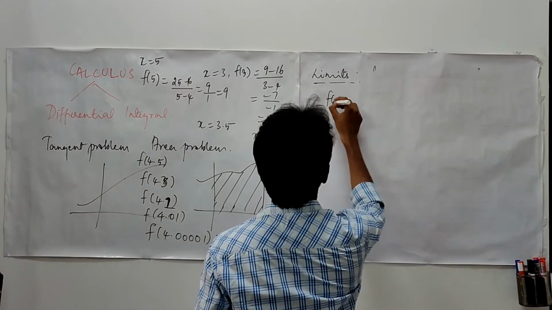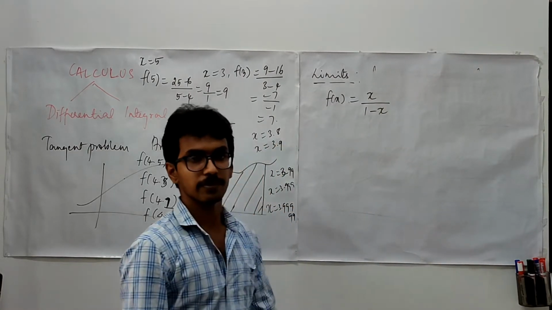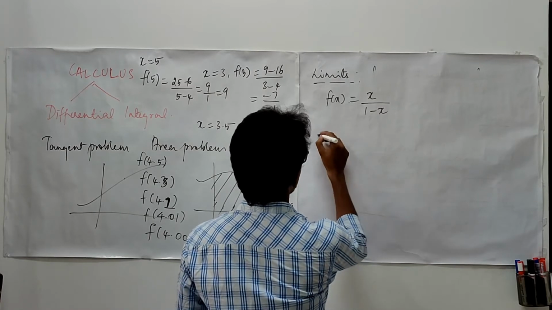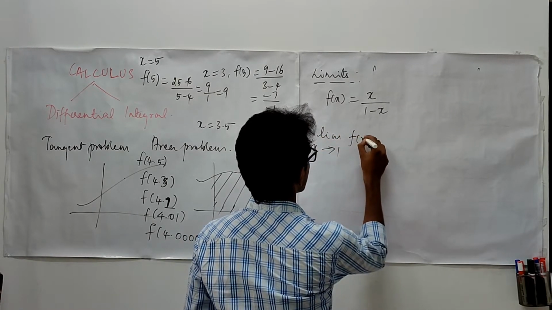Okay, the function that we are going to consider is x upon 1 minus x. Okay, here what is happening? Let us talk about limit x approaches 1 of f of x.